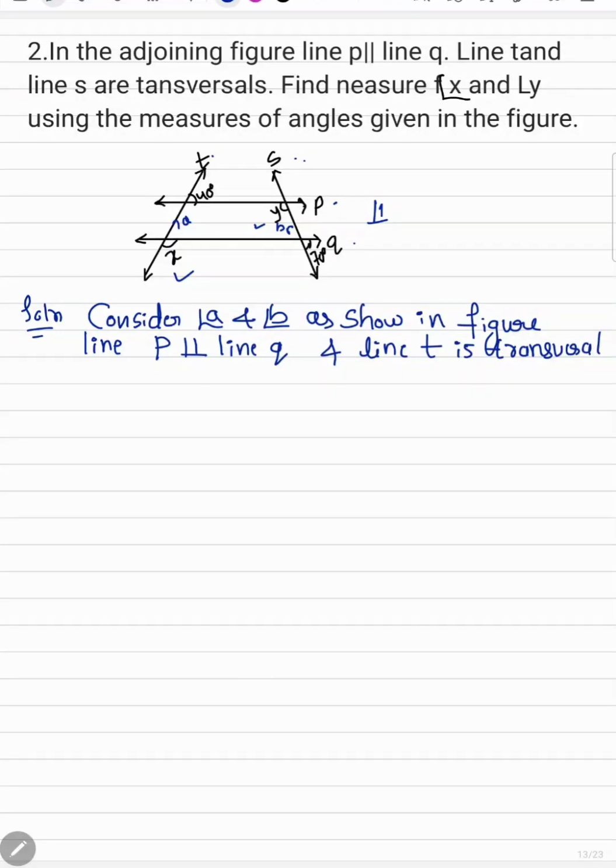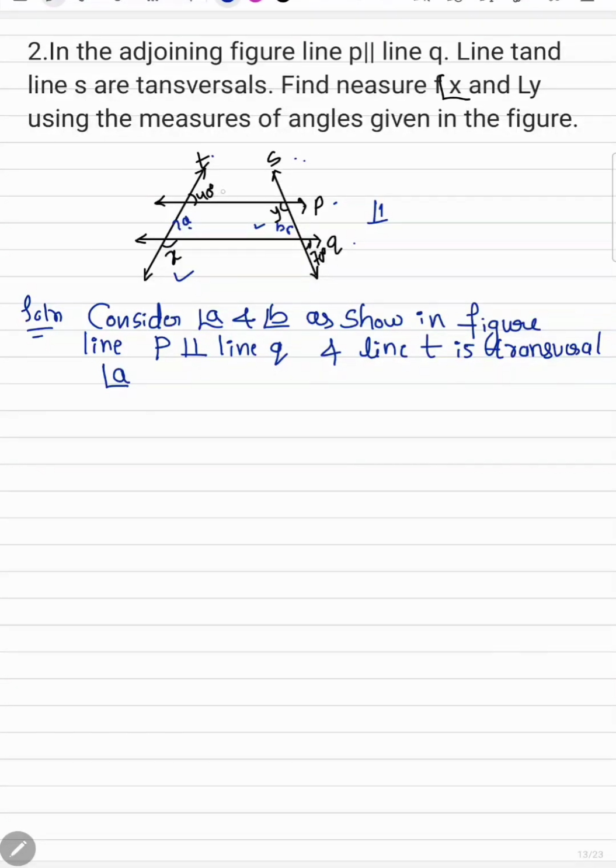Yes, and then angle A is equal to how much? T is a transversal, here 40 degrees is there. Both are transversals, so it is a corresponding angle. This is the corresponding angle of this one.